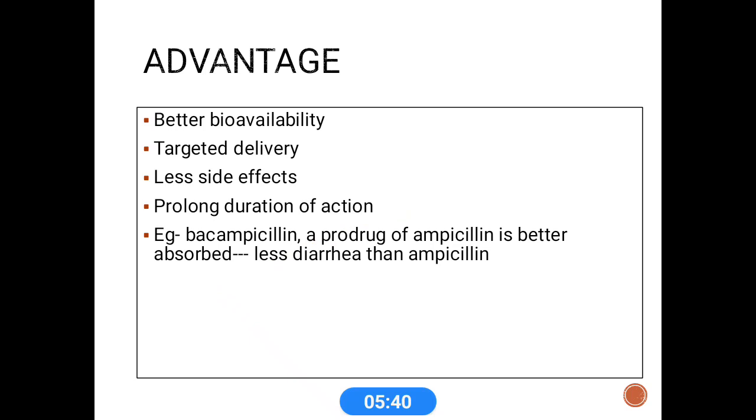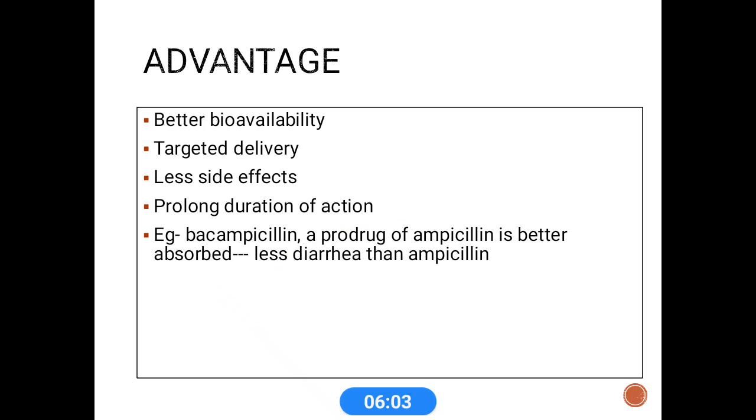What is the importance of prodrugs? Compared to the existing dosage forms, prodrugs have better bioavailability and targeted delivery. If drugs are targetedly delivered, that means they are released in a controlled manner, which helps minimize side effects, and the drugs also have a prolonged duration of action.